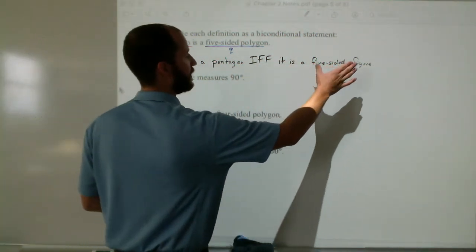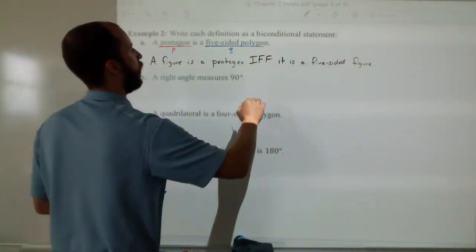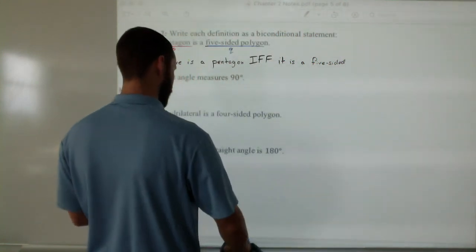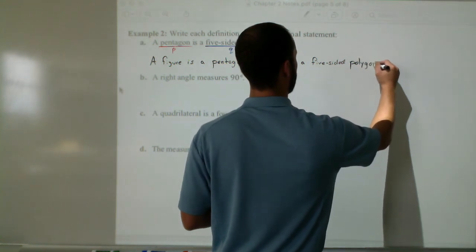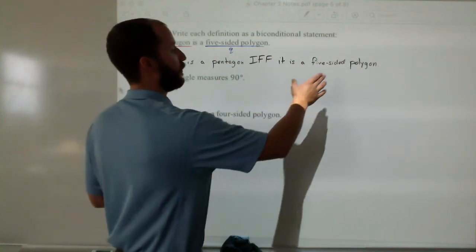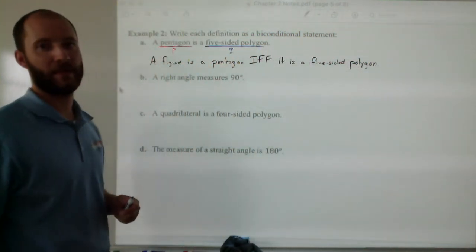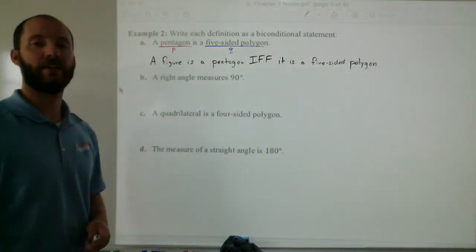A figure is a 5-sided figure. Oh, I'm sorry, a 5-sided polygon. Good catch, Mr. Fay. There we go. You could even flip it around. So a figure is a 5-sided polygon if and only if it is a pentagon. So take a look at B, C, and D, and then check my online notes to see how you did.